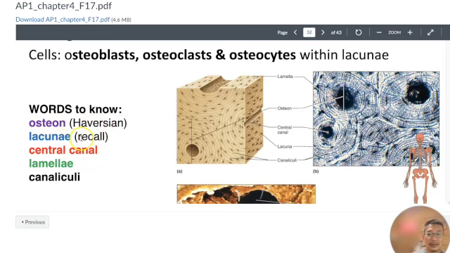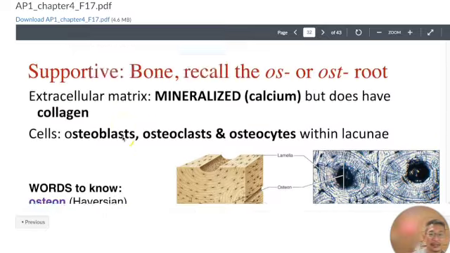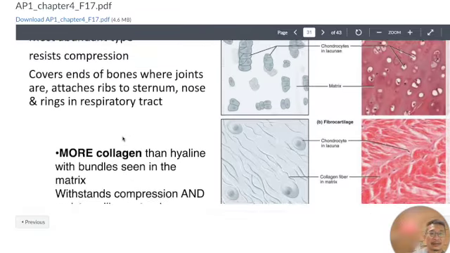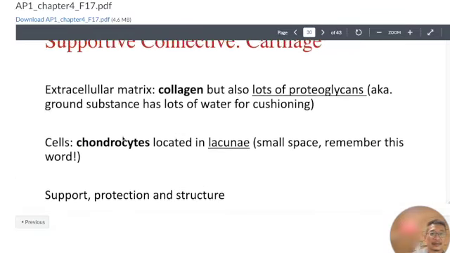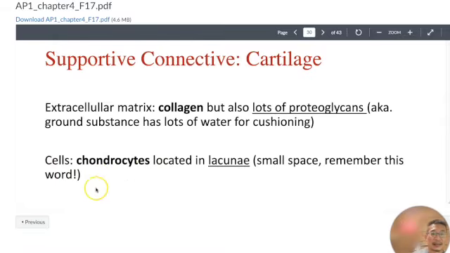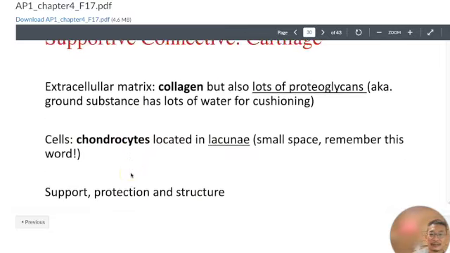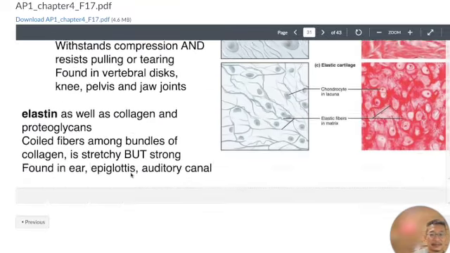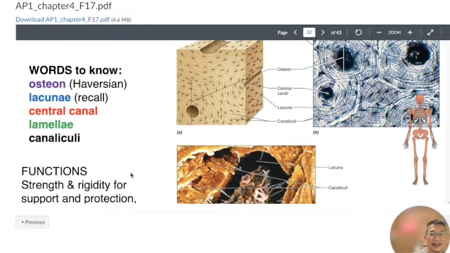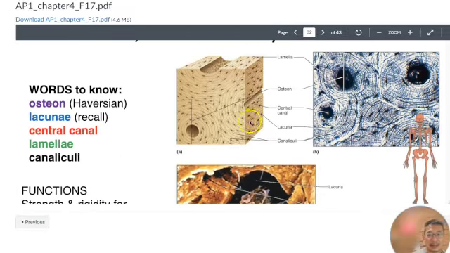Lacunae, we saw that word. Where did that word come from? We saw that earlier. Right there, lacunae. That's where they live, chondrocytes. Lacunae are these little star-shaped looking things.